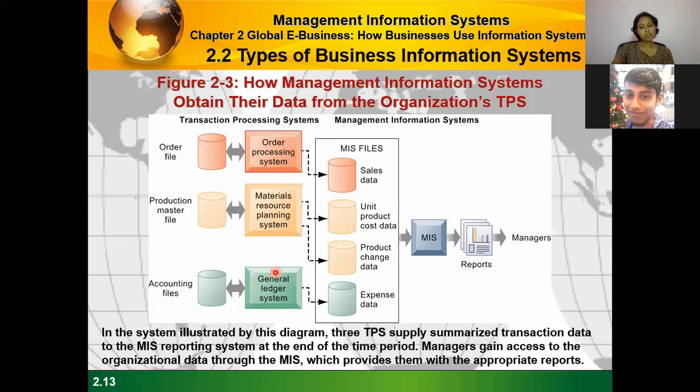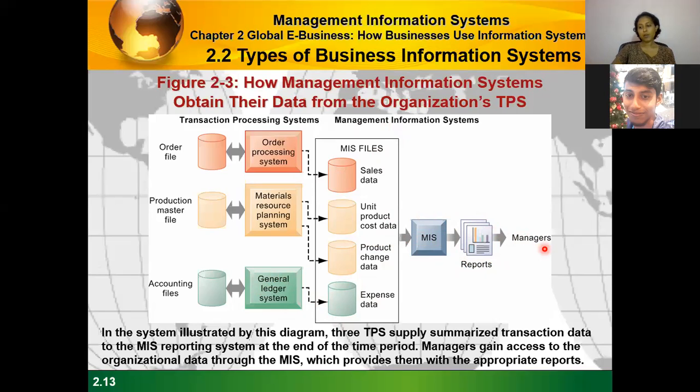And the general ledger system, you might be getting information regarding expenses and many other things, right? So all this information are being fed to the management information system. And once these are processed, the MIS has the ability to produce certain reports for the usage of managers, right?